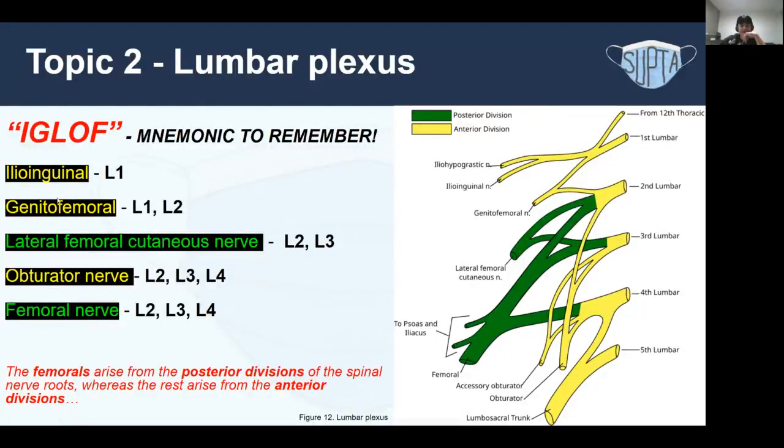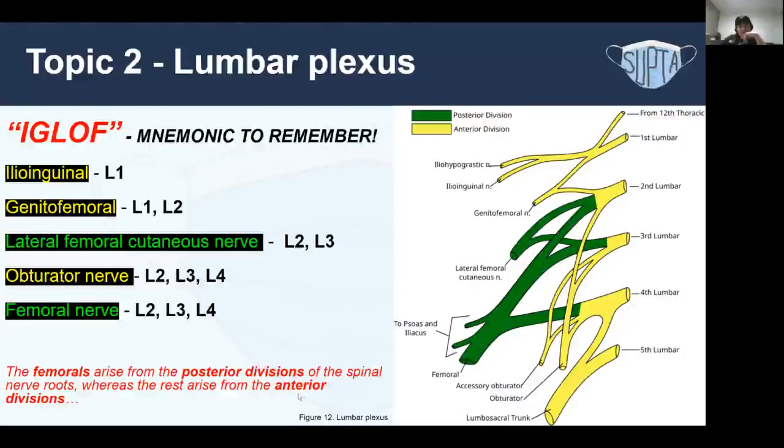So it's easy to remember. IGLOF, you can use that to remember the names, but the names relate to where they are and what they innervate. Obturator, because it innervates the obturator muscles, and femoral, because it innervates the muscles in the femoral compartment more anteriorly.